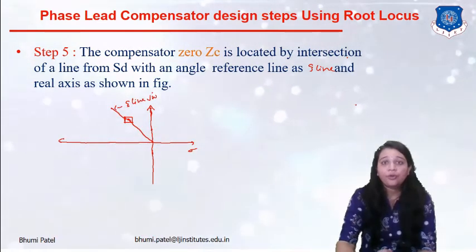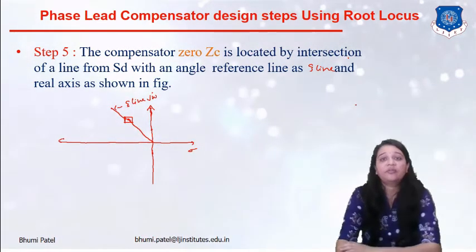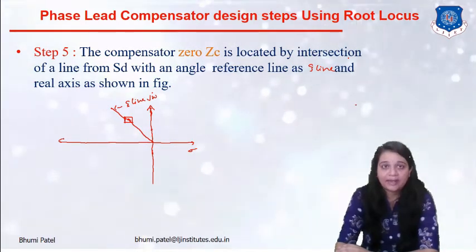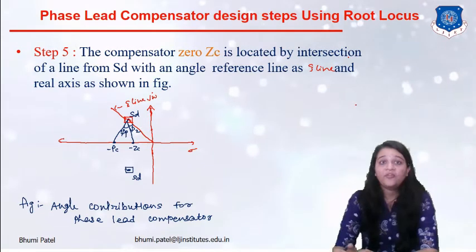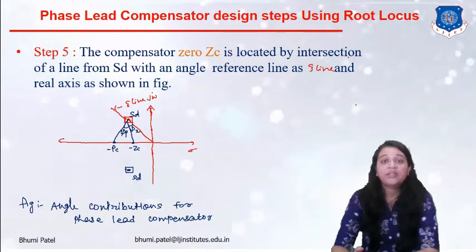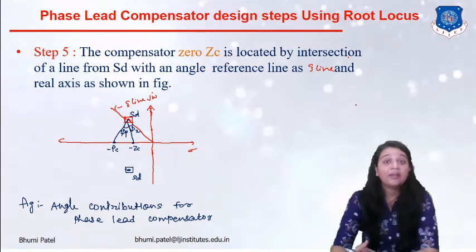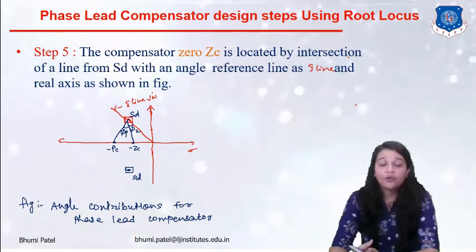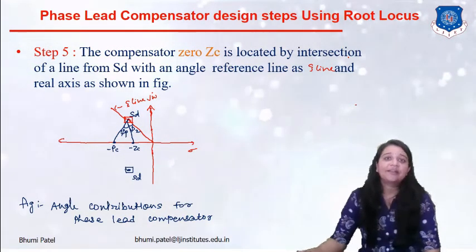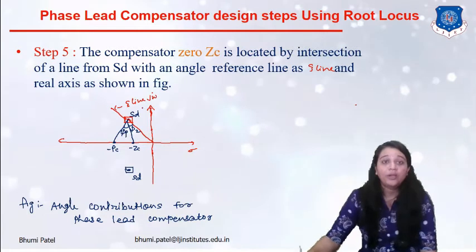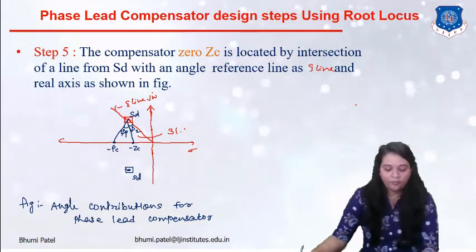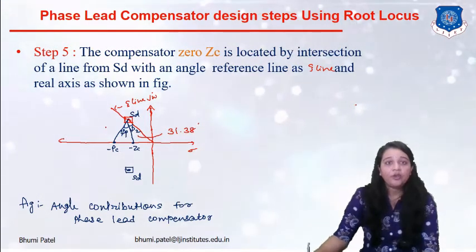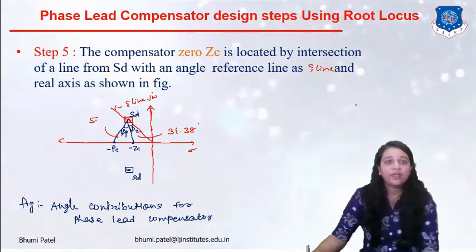So we have to draw a zeta line from the s_d point, and then we have to draw the angles phi z and phi p with respect to the s_d line, and find the value of the compensator zero and the compensator pole. Here you can see that the value of phi z is equal to 31.38 and the value of phi p is equal to 54 degree.